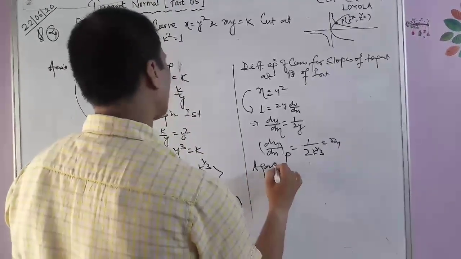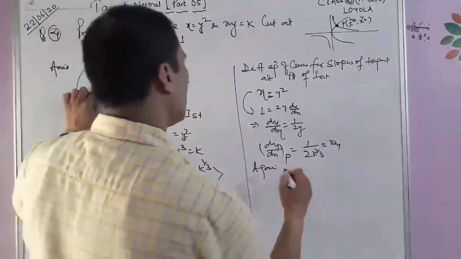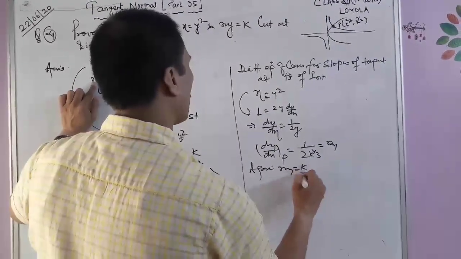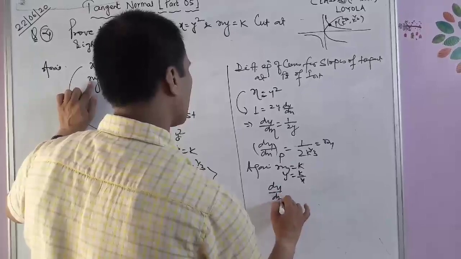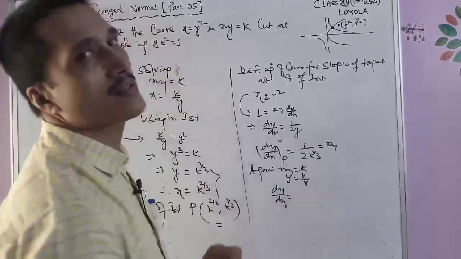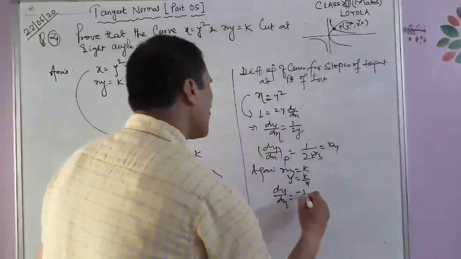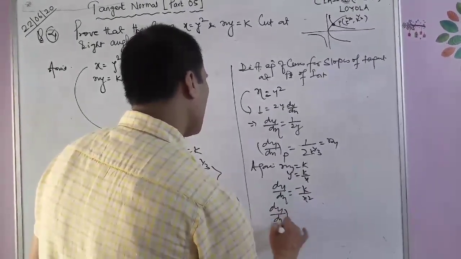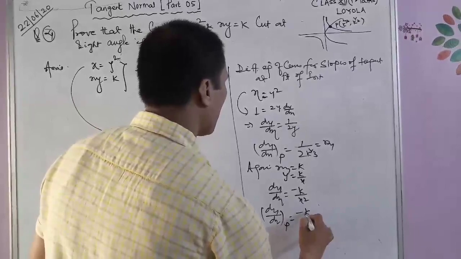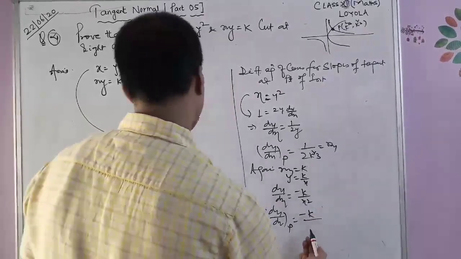Again, the second curve is xy equal to k, y equal to k upon x. Here dy by dx equal to k into minus 1 by x square. So minus k upon x square. dy by dx at P is minus k upon x square.